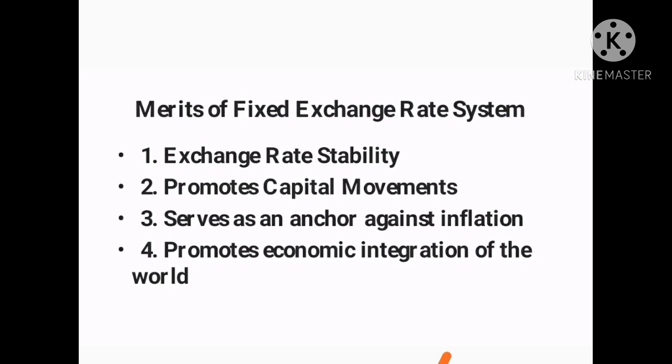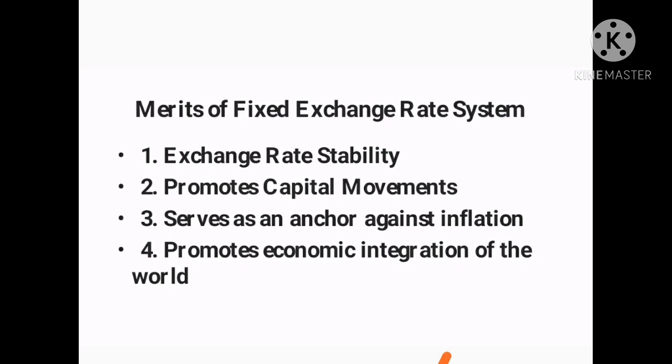Fourth, promotes economic integration of the world. It has also been argued in favor of fixed exchange rate system that it is necessary for achieving economic integration of the world community.